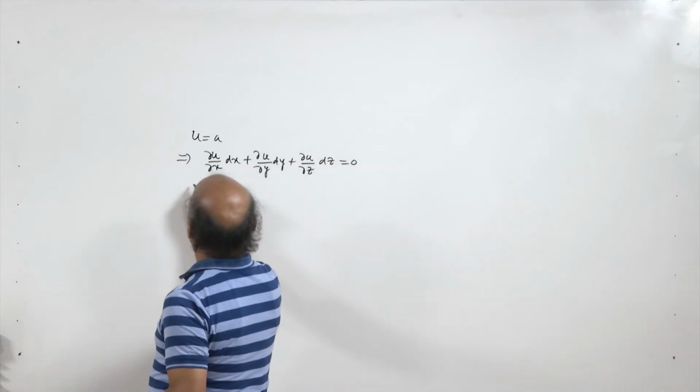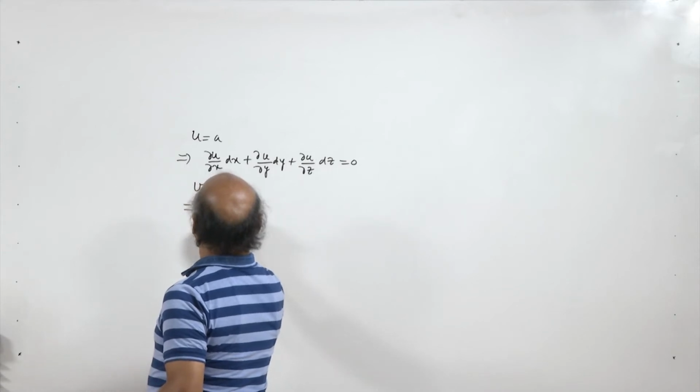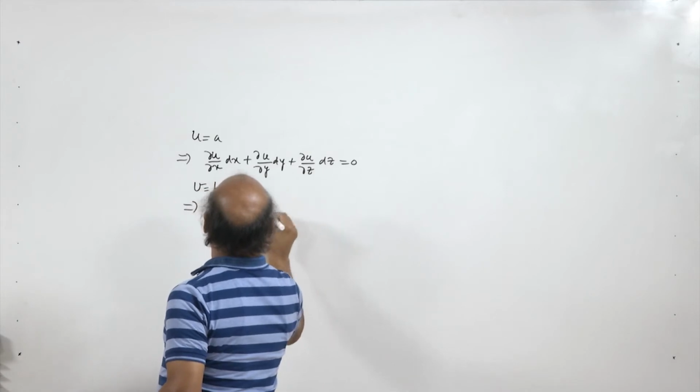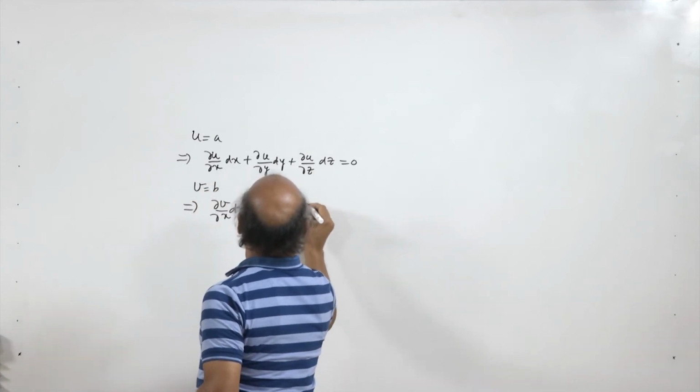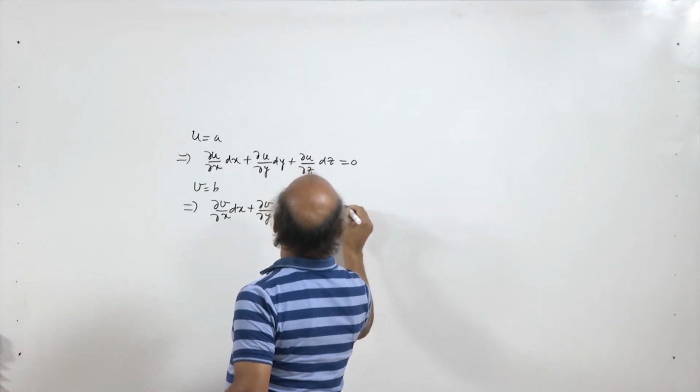And similarly v equal to b gives you delta v over delta x dx plus delta v over delta y dy plus delta v over delta z dz equal to 0.